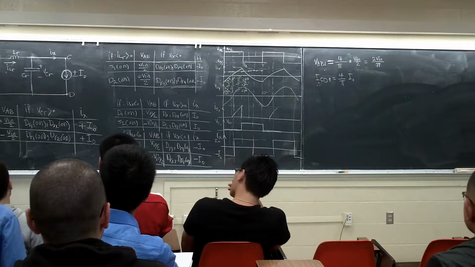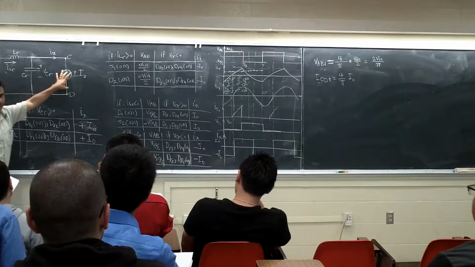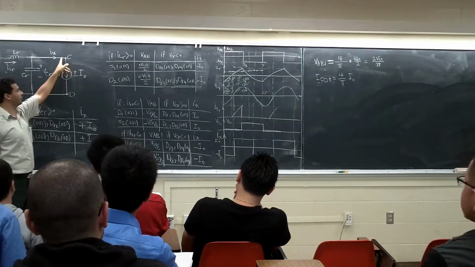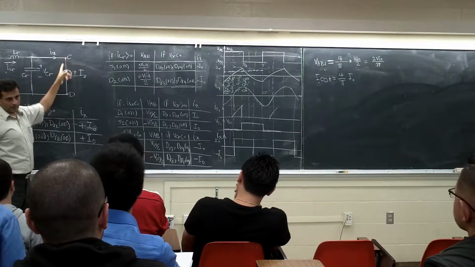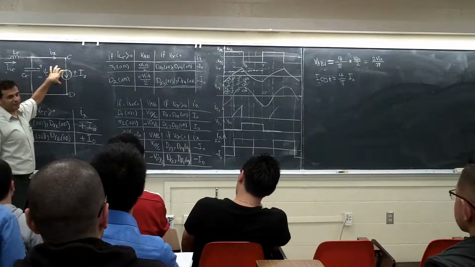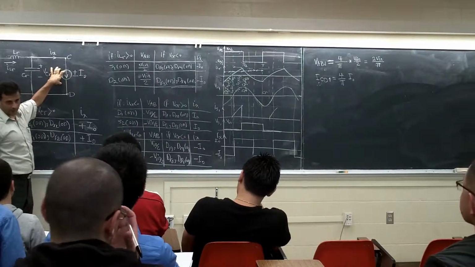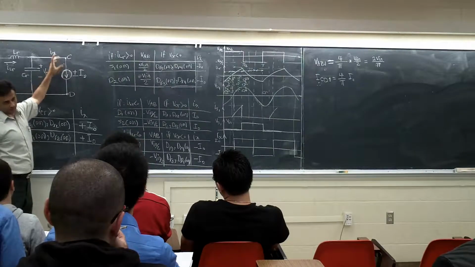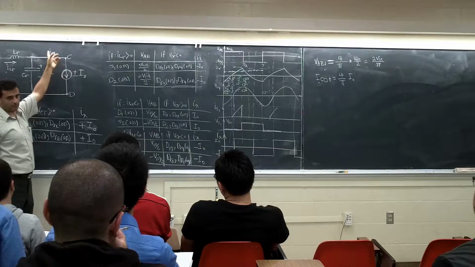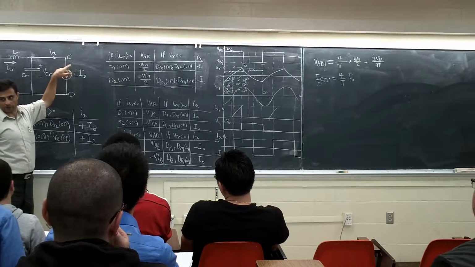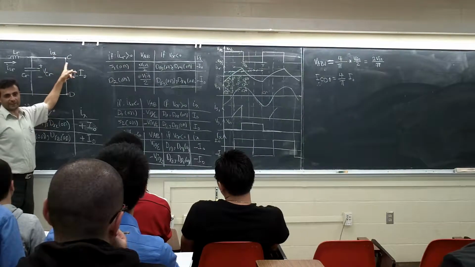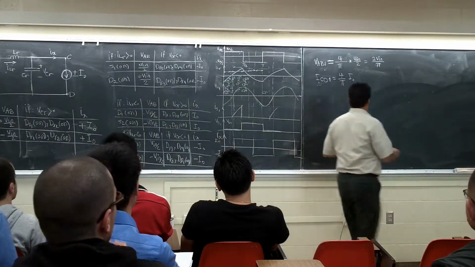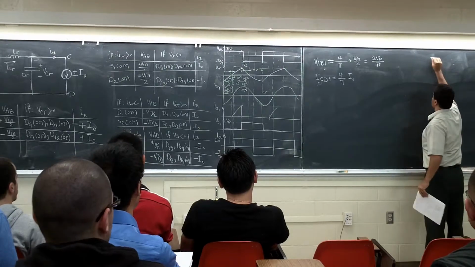To find the equivalent resistor here for the fundamental harmonics, I need to find VCR1 divided by the fundamental of this current. If I know the fundamental voltage and the fundamental current, I can divide them by each other and find my R effective, right? As I mentioned, there was another assumption.